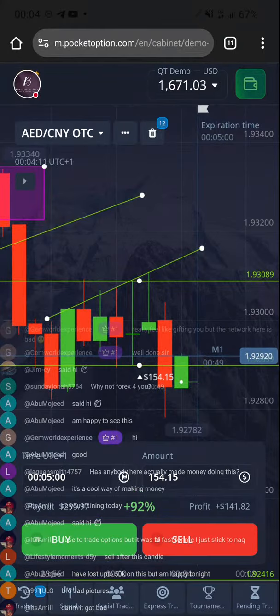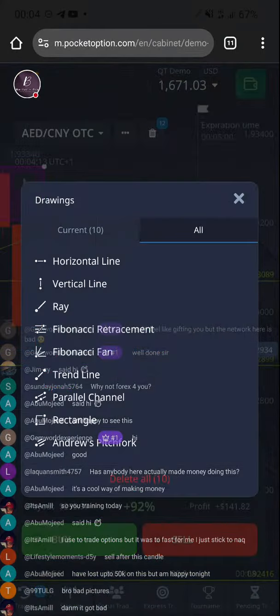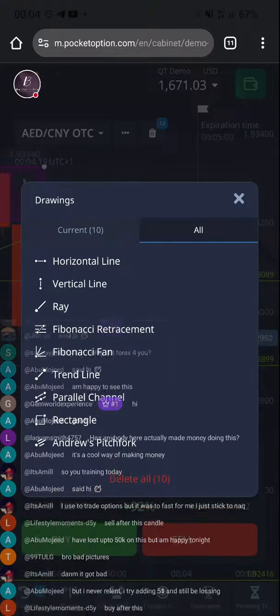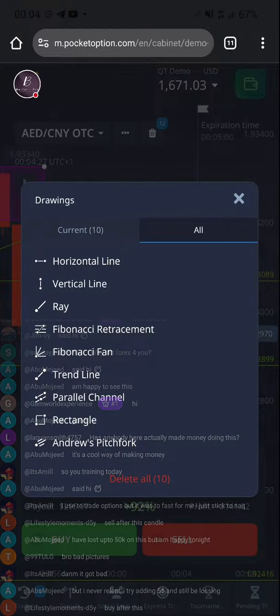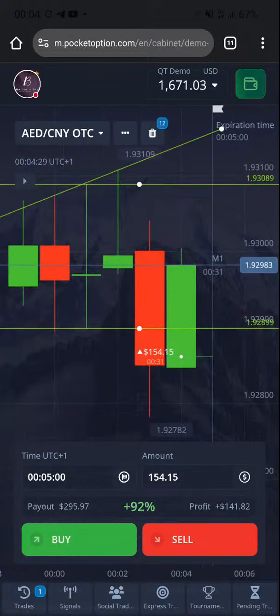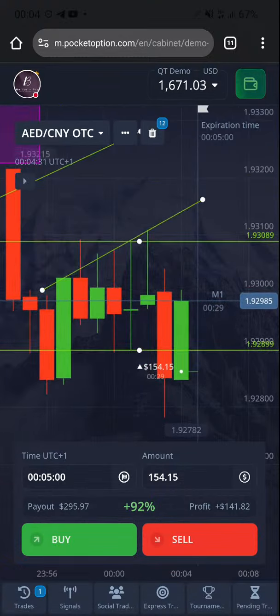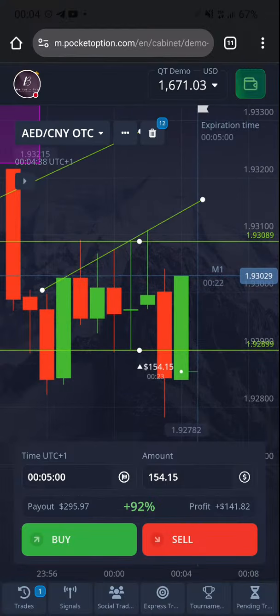This is a doji break. Okay. Yes, we just bought now. After the doji break, we just bought. Yes, we just went with the buyers. This is AED/CNY OTC.